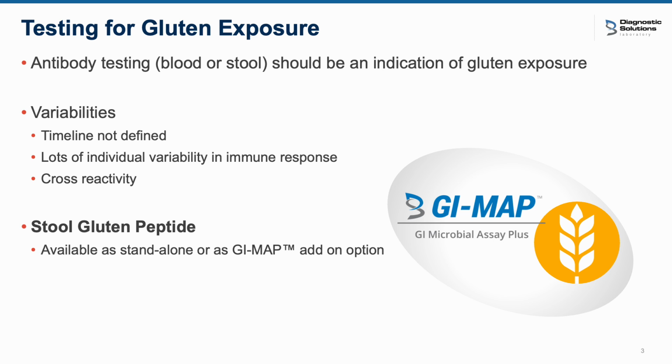But there are variabilities with relying strictly on antibody testing as a reasonable test of exposure, such as individual immune response and antibody half-life, in addition to immune system cross-reactivity. The gluten peptide test is a direct test of gluten exposure and minimizes ambiguity.